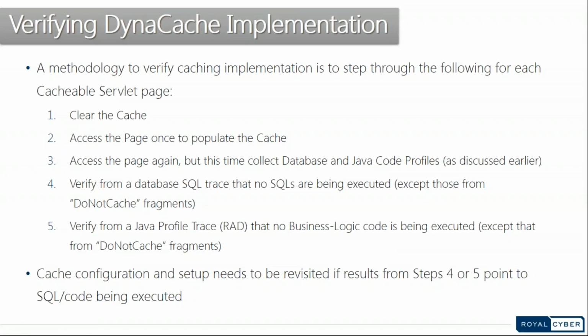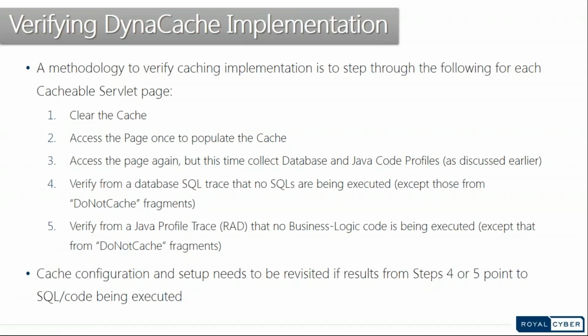Once the contents are stored by the cache, we can check using the cache monitor app that the code is not being called to serve the same contents to the customer, except those fragments which you have already excluded using the do-not-cache attribute in cachespec.xml.